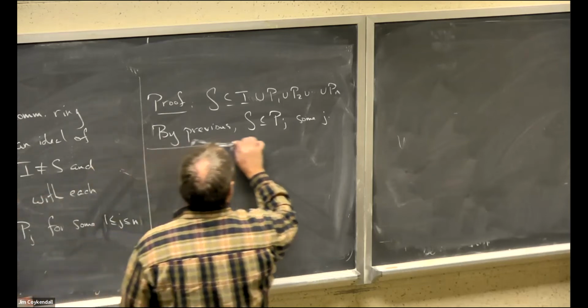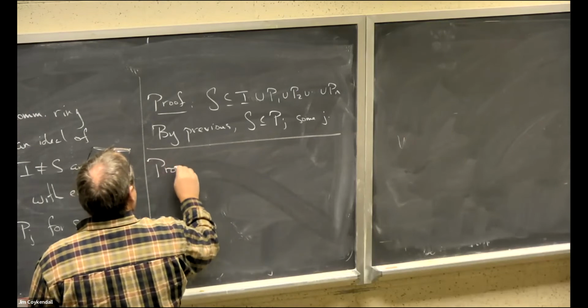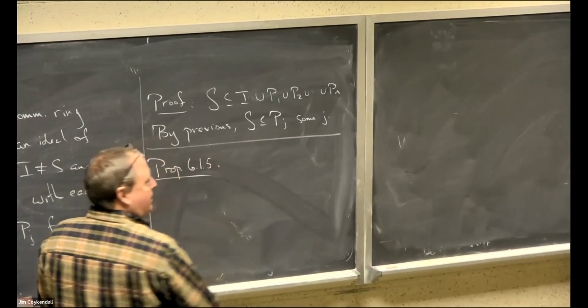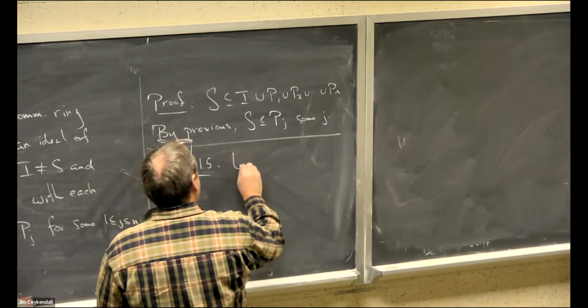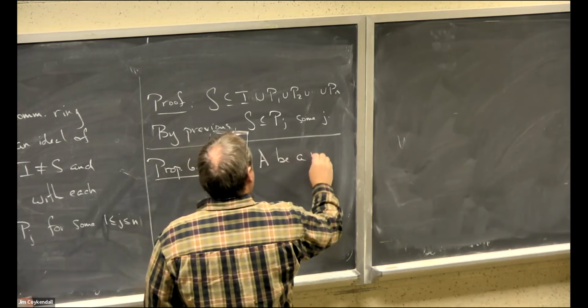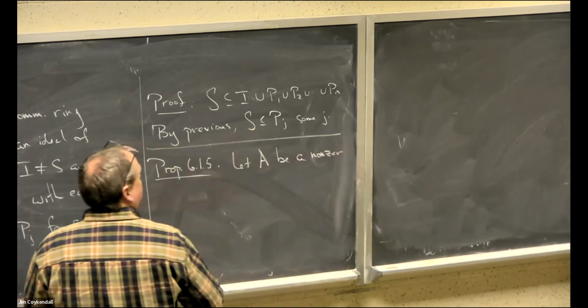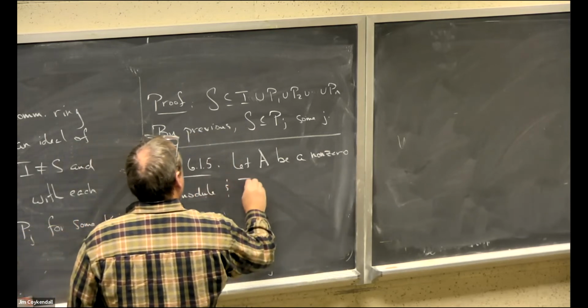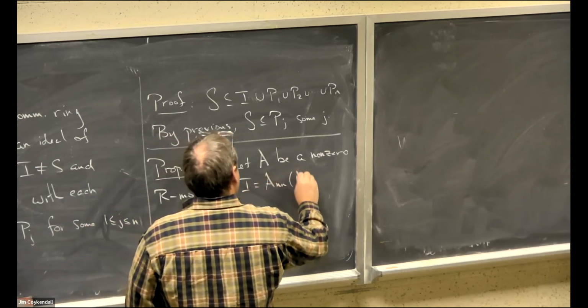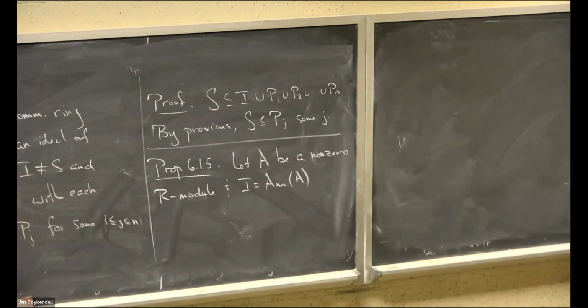Proposition. Let A be a non-zero R module and I the annihilator of A. So when I say the annihilator of A, this is just the ideal of R that kills everything in A. Notice that, of course, it's not empty because you've got at least 0 in there.